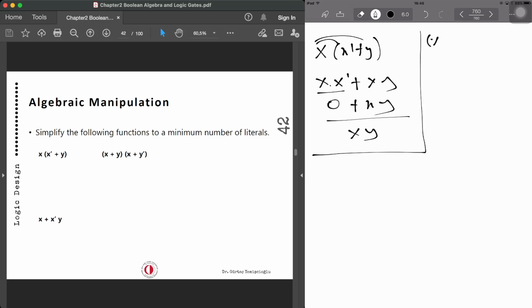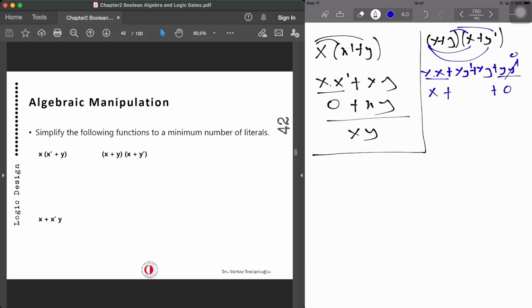Then we have x plus y and x plus y prime. Now, we can solve it in 2 ways, but I'm going to show you the long way. So x dot x, x dot y prime, and then y dot x and y dot y prime. So x dot x or x y prime or xy or y dot y prime. x dot x is x, y dot y prime is always 0.